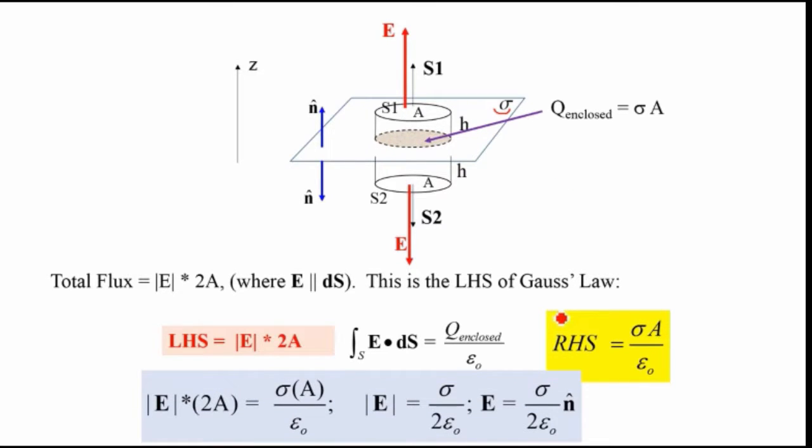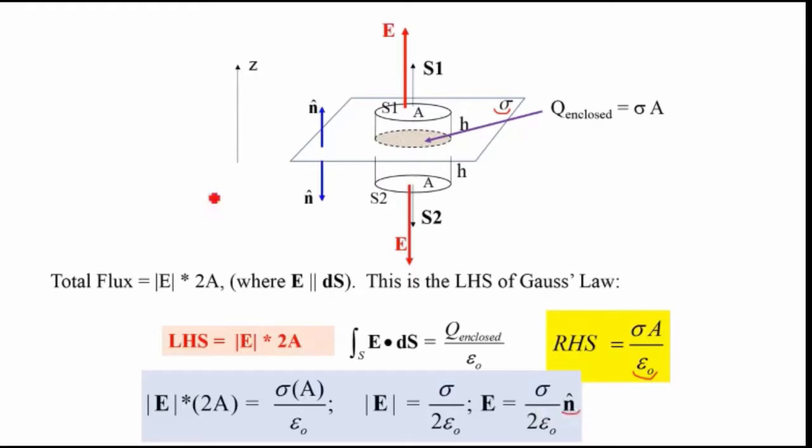So the right-hand side is the Q enclosed divided by epsilon naught. We've already got the left-hand side, so we can set those two equal to each other, which I've done here, and solve for the magnitude of E, and that's simply sigma over 2 epsilon naught. We know that E is going to be in a normal direction, so we can write it like this.